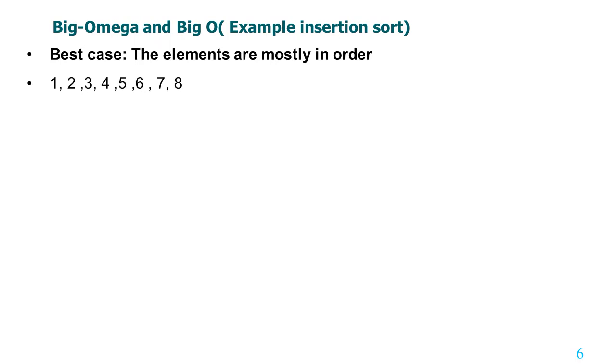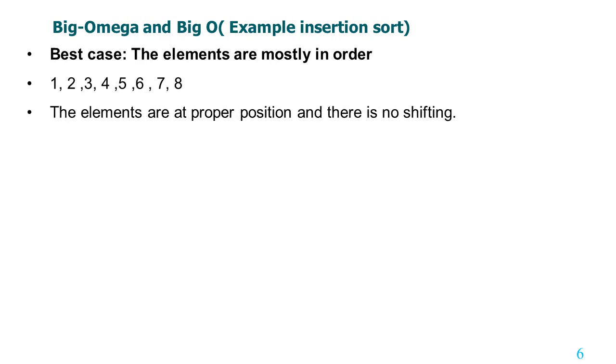How does it check? According to insertion sort, if any element comes to the sorted list, it is compared to the previous element in the list. For example, 3. 1 and 2 already exist in the list.